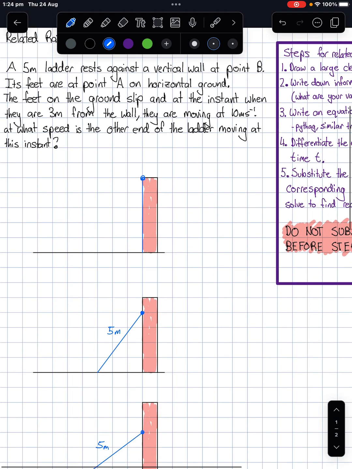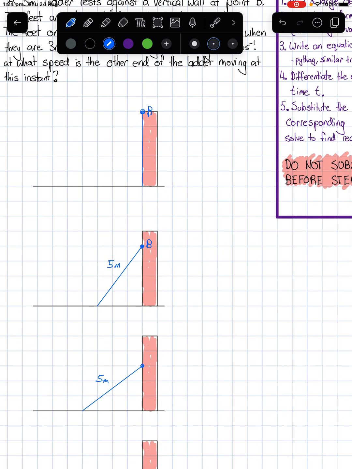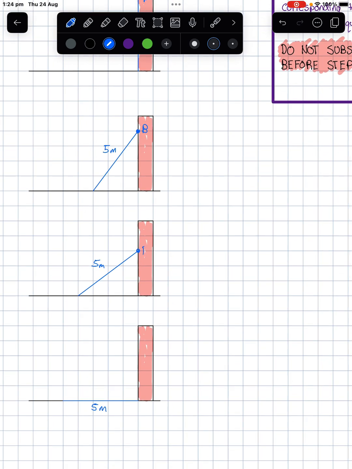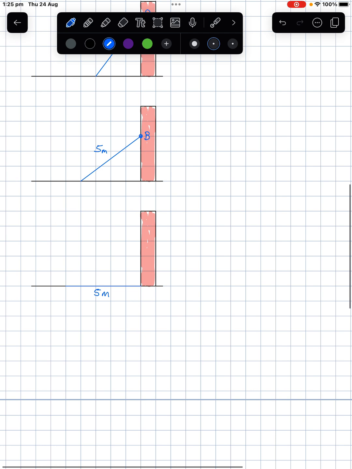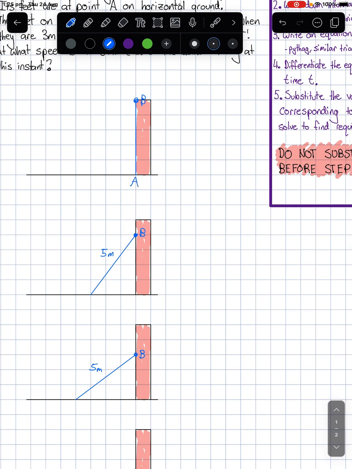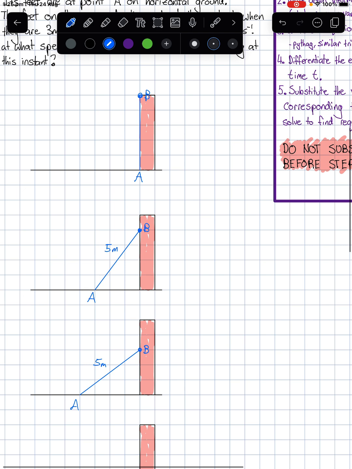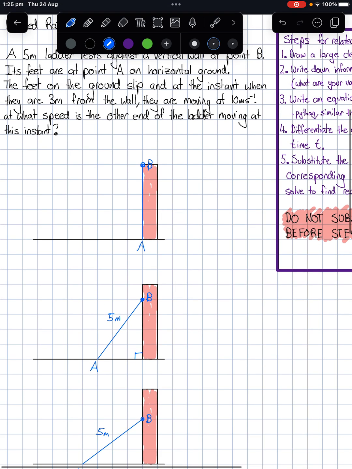Now, our problem states that we've got B here, B here, B here, and then B at this last one is on the ground, and the feet of the ladder is at A, and A. Hopefully we can recognise this is a Pythagoras' theorem question.